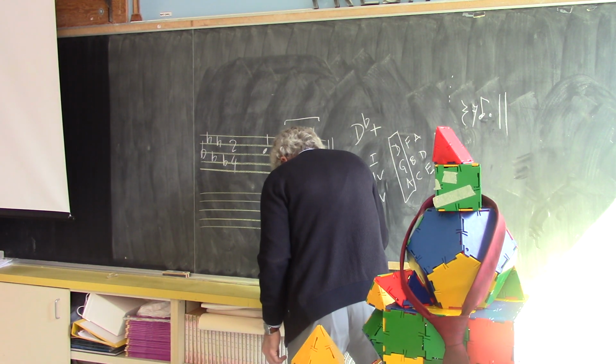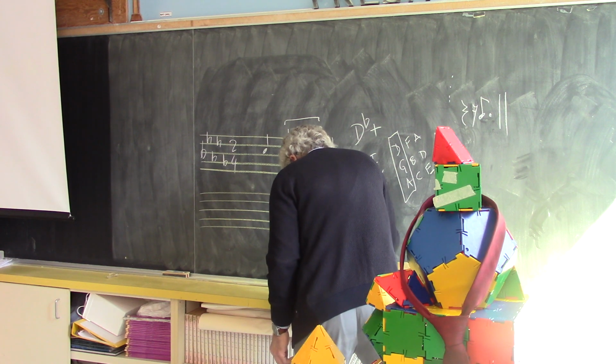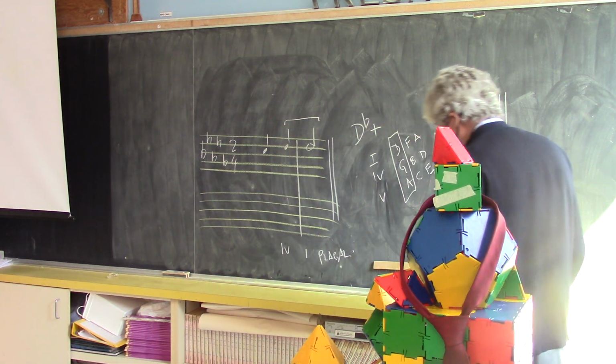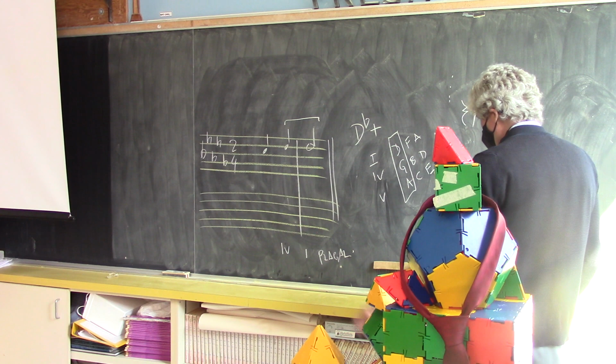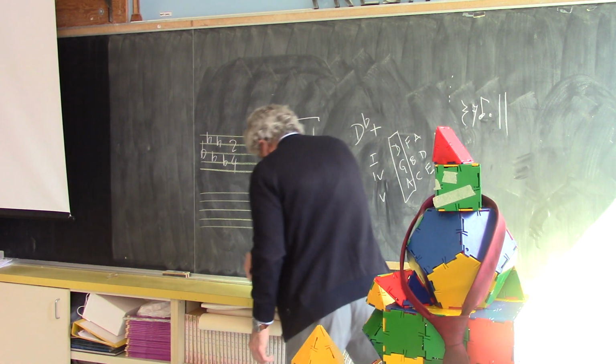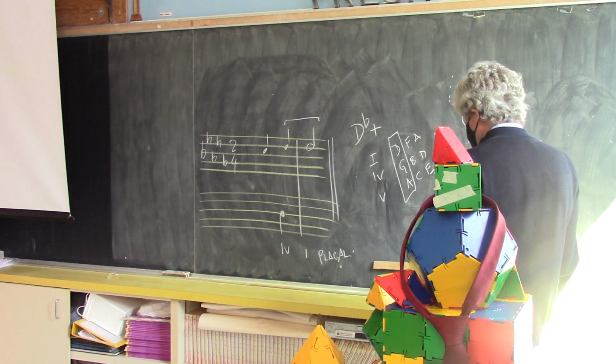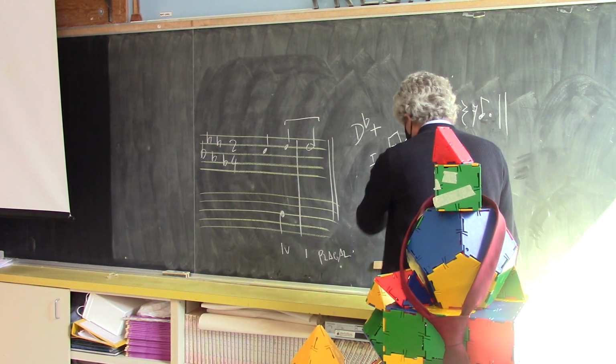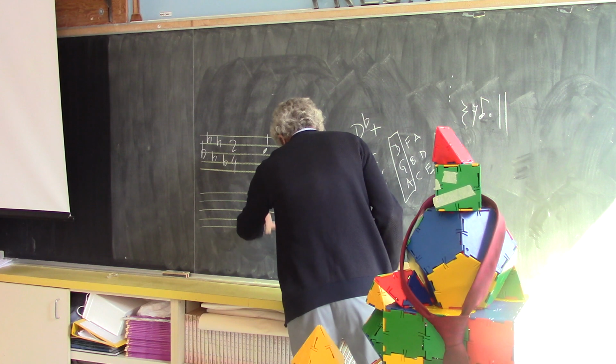So, play go. Okay. And the root for 1 is D. And the root, oh sorry, go back.